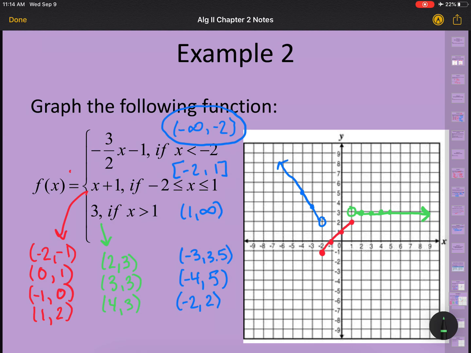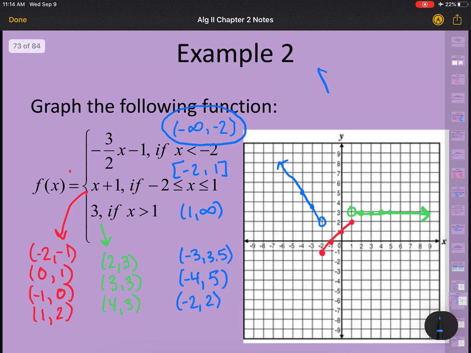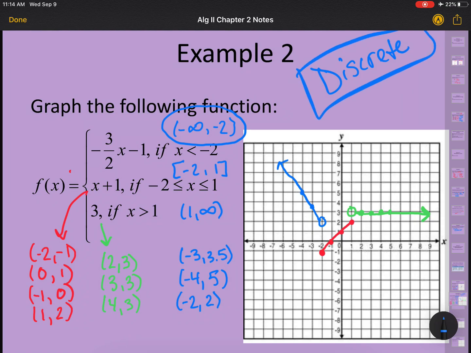They're in pieces. Okay, so if you remember from the first 2.1 extension, this is discrete, not a continuous function, because I have to break it up in points, right? It's not one continuous line, so it can't be continuous.